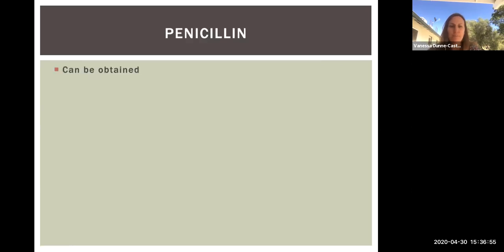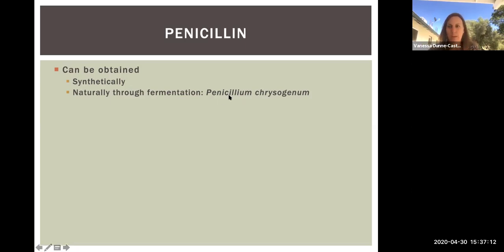So let's talk first through penicillin. Penicillin, as I've mentioned already, is naturally produced through fermentation from a penicillium fungal organism. This is a classic example of microbial antagonism, where this organism secretes this chemical into its environment to protect its own surrounding area.